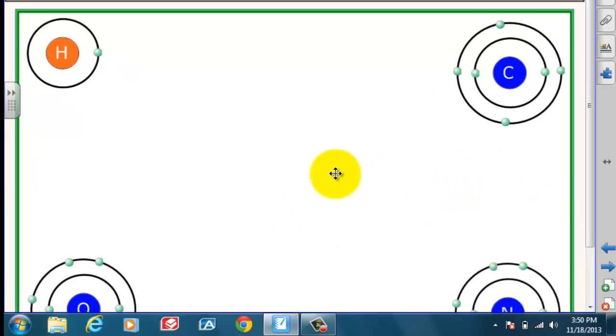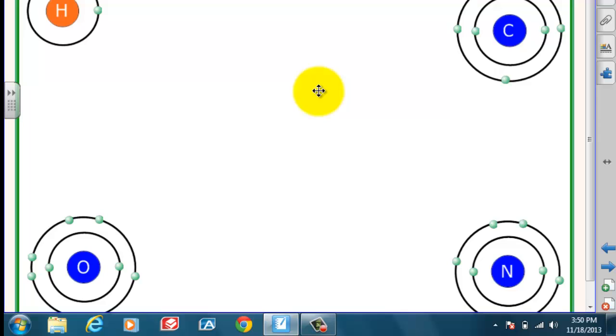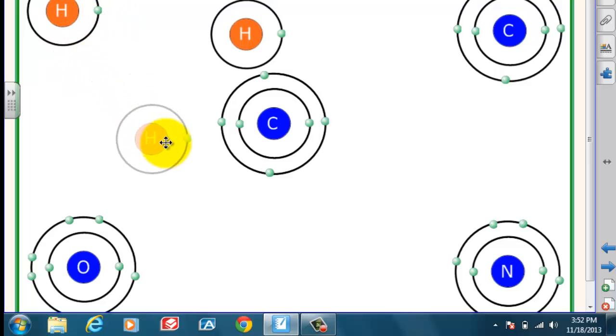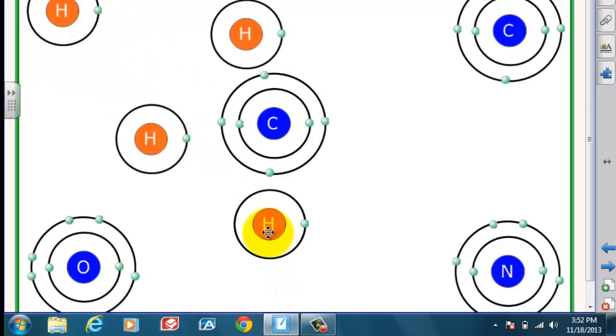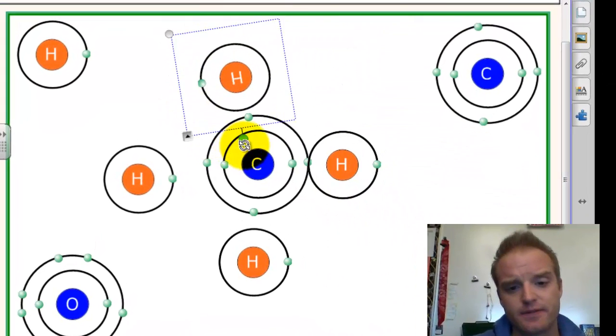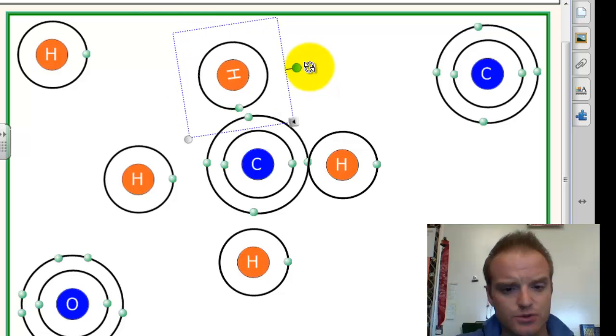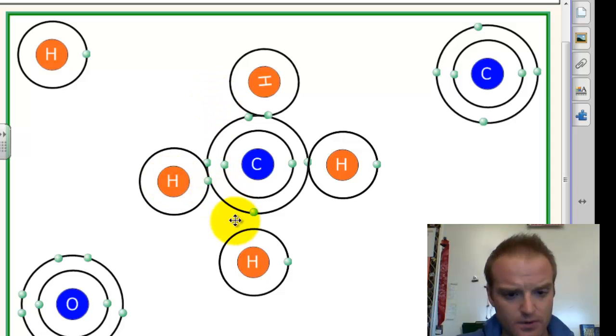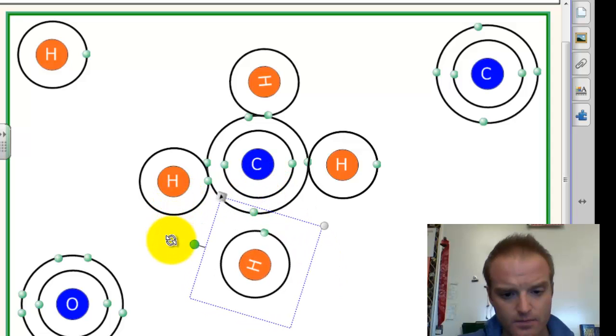So let's try this with another one here. Sometimes you need two, sometimes you need three, sometimes it depends on how many it needs to fill that outer shell. So here we have hydrogen. We'll twist it around, make it fit here. One right there, one right there, one last one.